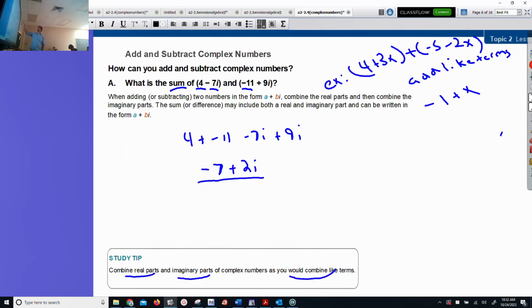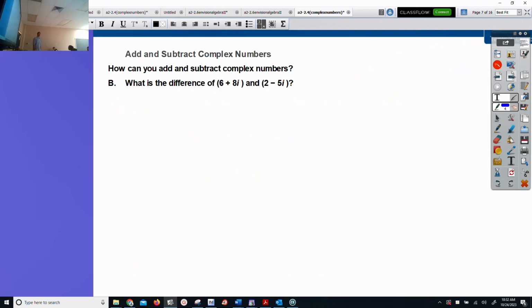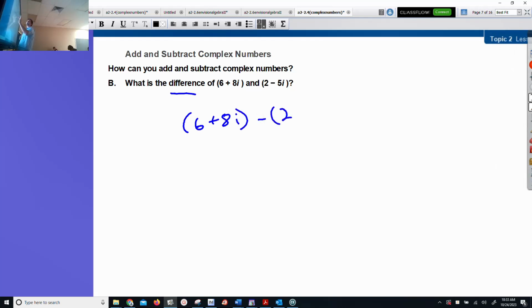I would like to get through subtraction today at least. This one is subtraction because it says difference. I would say probably 1 in 2 people miss these, at least the first time. They may not know what difference is.